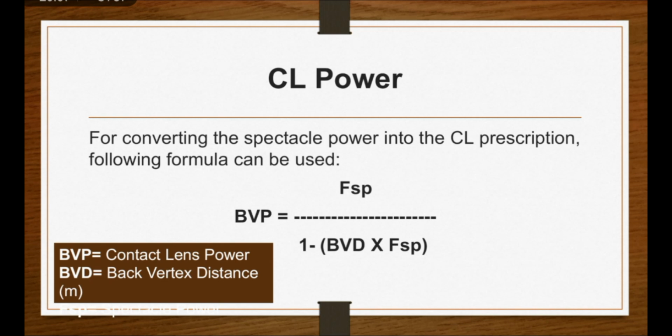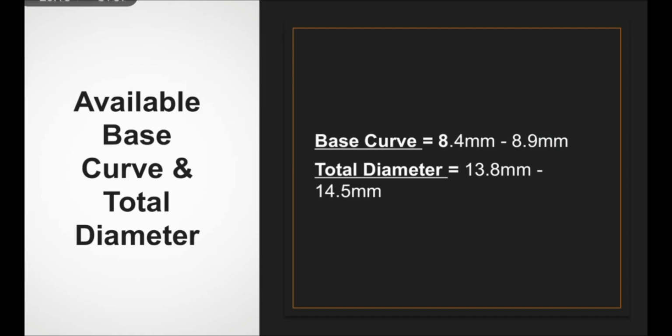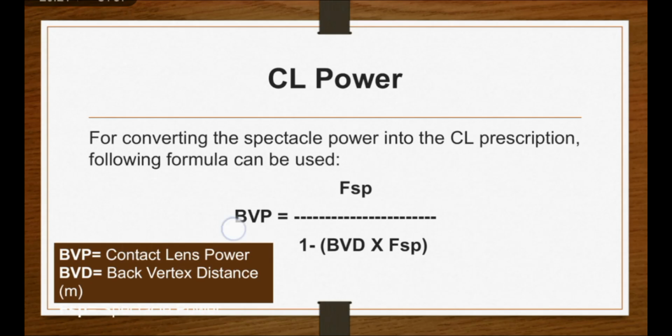Next we have the contact lens power. I have told you that with refraction you can obtain the spectacle power prescription, right? You can convert it into the contact lens prescription by using the back vertex power formula: the power of the contact lens equals the spectacle power, FSP, divided by 1 minus the back vertex distance times the spectacle power. After doing the refraction, if the patient has a -3 sphere, you put -3 over here.